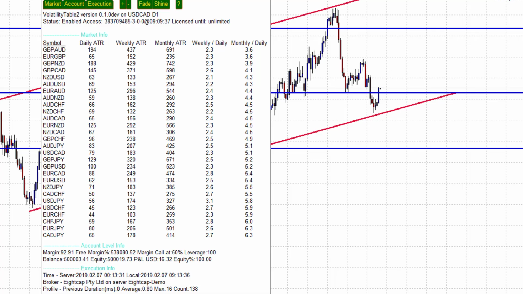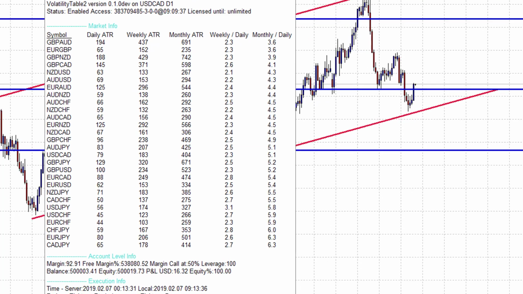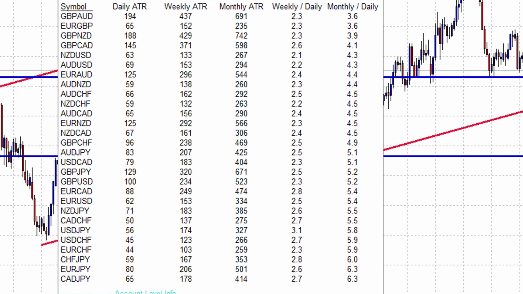So on your screen you can see a very basic tool that will answer all of these questions that I've just mentioned. What does the tool consist of? Firstly, it consists of all the daily ATR readings. Now the ATR is the average true range of a currency. That basically means how many pips does this currency move in a day on average.